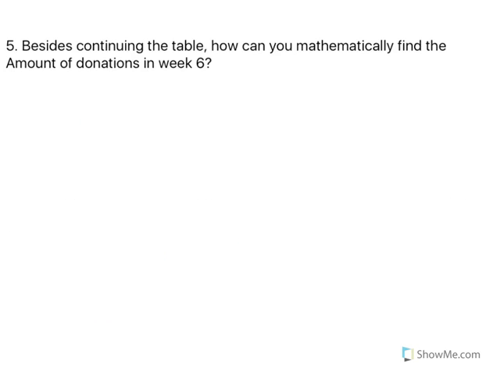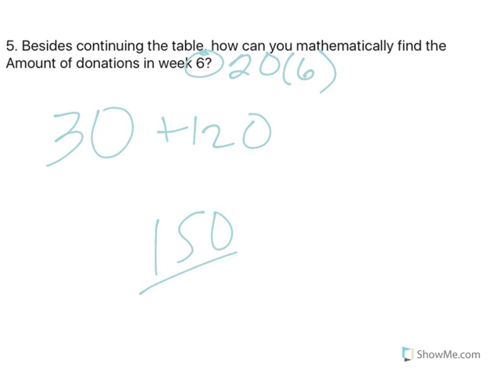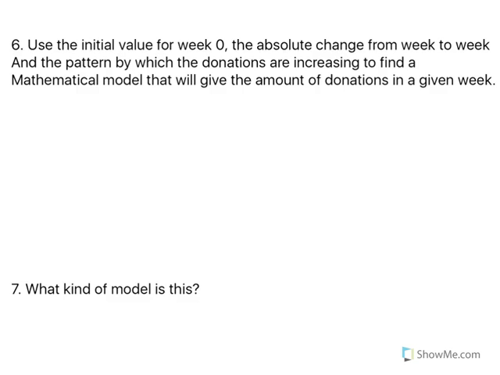So if we think about this, how can we mathematically find the amount of donations in week 6? Well, we started with 30. We know we're doing 20 each week. So if I take 20 times 6 and then add it to what I started with, that would give me how many I should have in week 6, right? So we can then write a model.